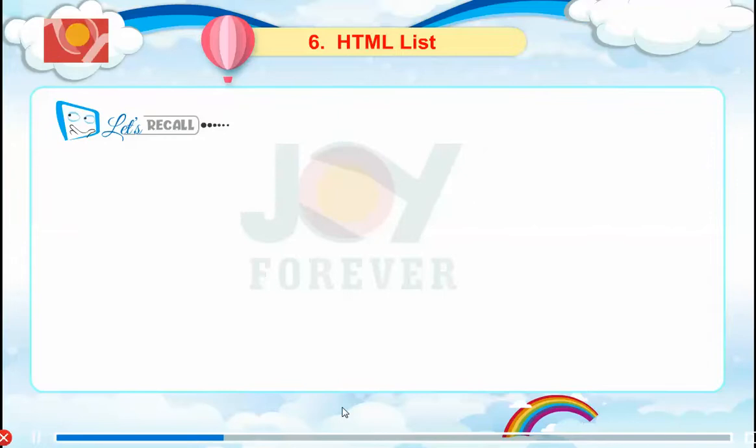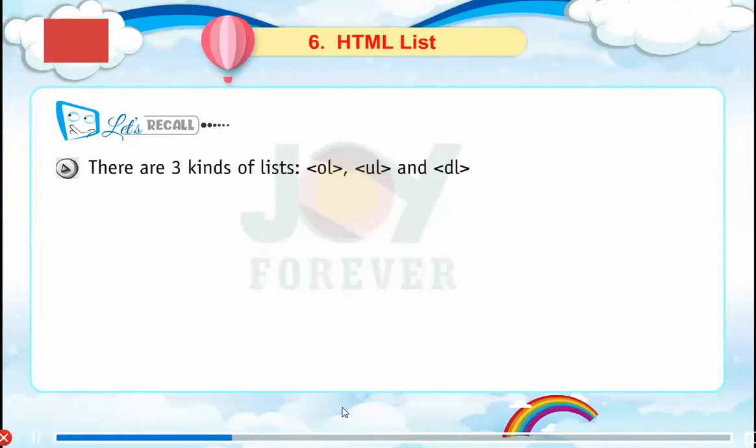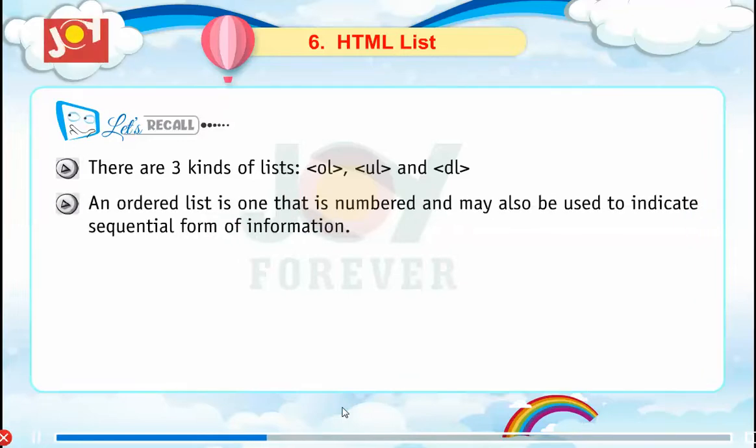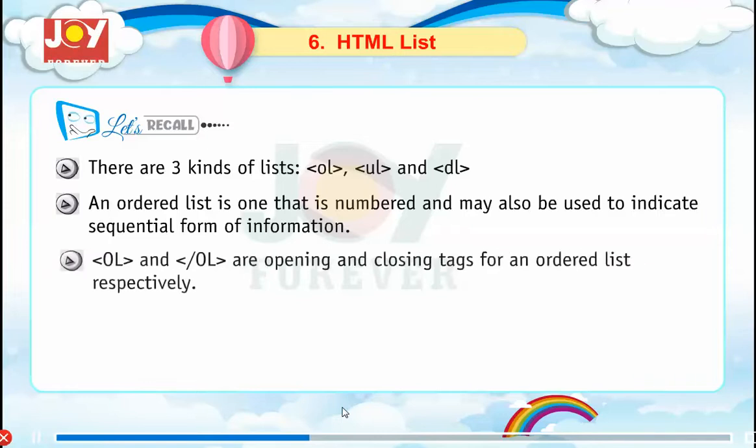Let's recall. There are three kinds of lists: OL, UL, and DL. An ordered list is one that is numbered and may also be used to indicate sequential information.